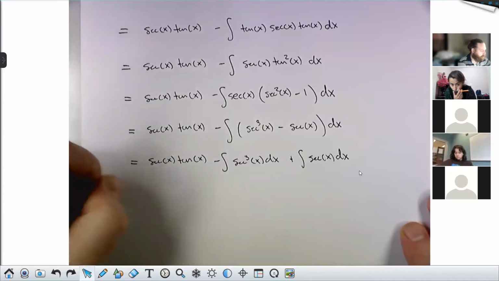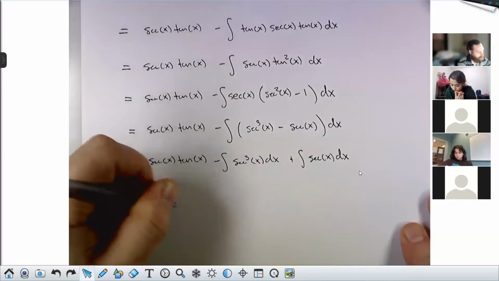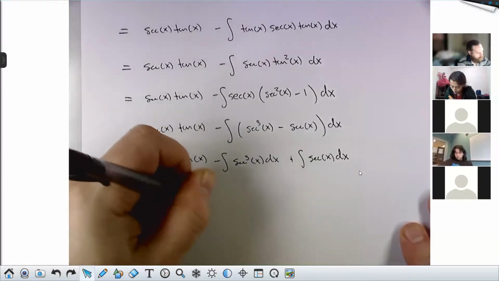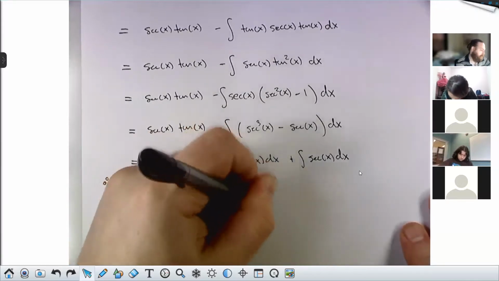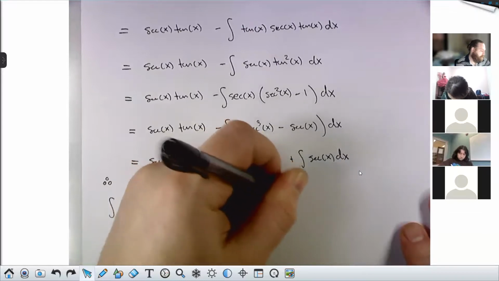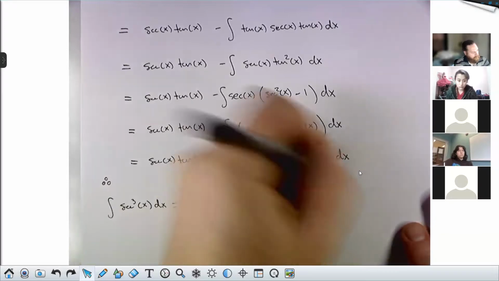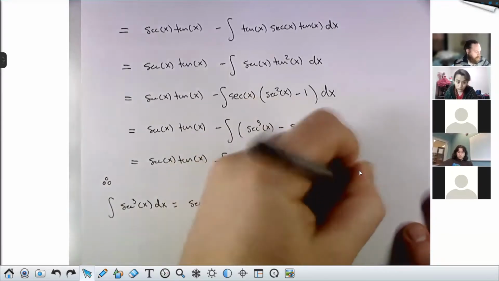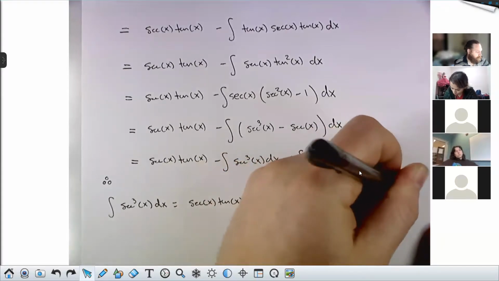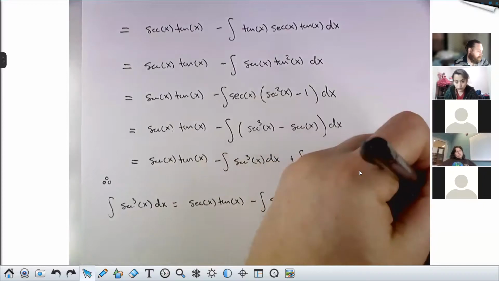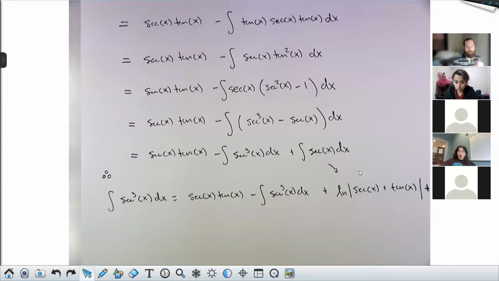I have the integral of secant cubed x dx equals secant x tangent x minus the integral of secant cubed x dx, and then plus this piece, which is the natural log of the absolute value secant x plus tangent x plus c. I'll go ahead and write the plus c now. Why not?